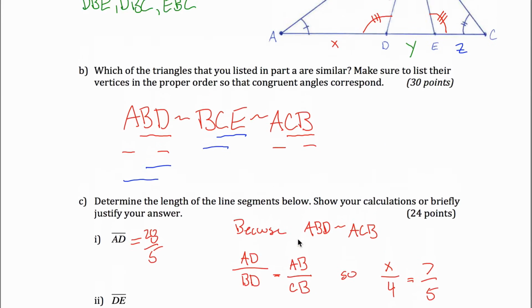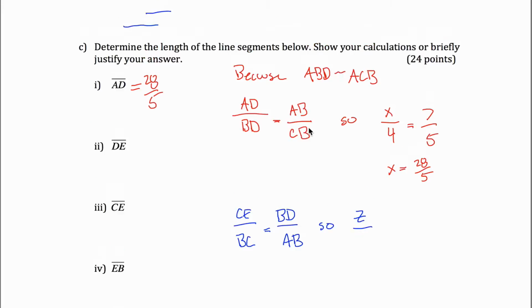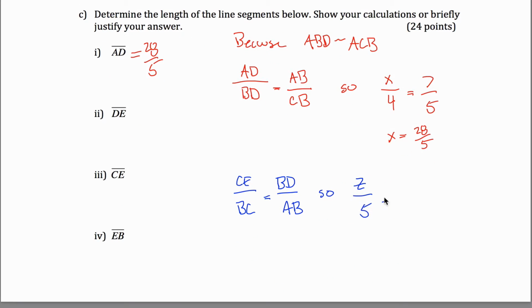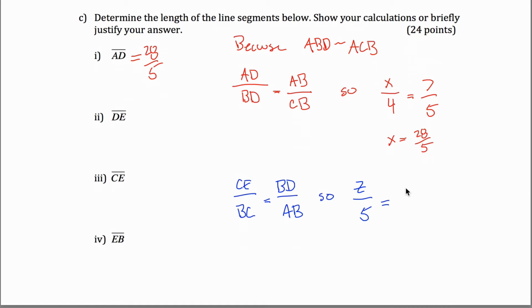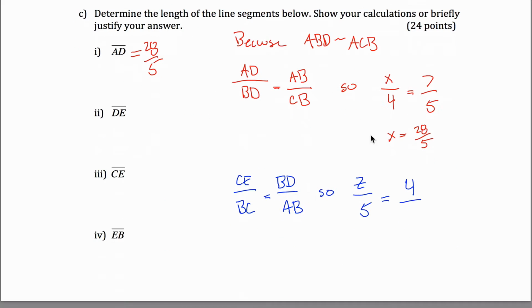So let's see, CE is what I'm calling Z. BC is labeled as 5. BD is labeled as 4. And AB is labeled as 7. So when I do this multiplication to solve for what Z is equal to, I get that Z is equal to 20 over 7.